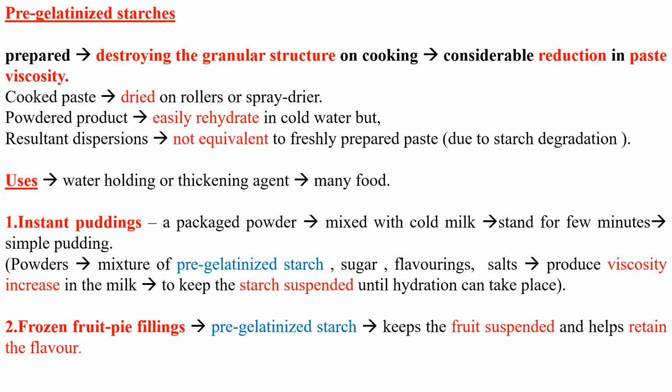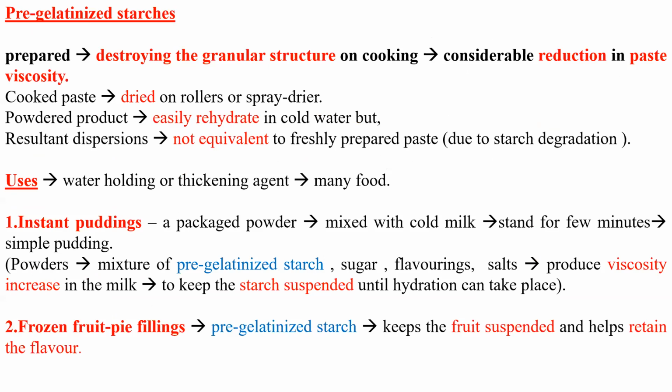The next modified starch is pre-gelatinized starch. It is prepared by destroying the granular structure on cooking, with a considerable reduction in paste viscosity. Here, the cooked paste is then dried on rollers or in a spray dryer.